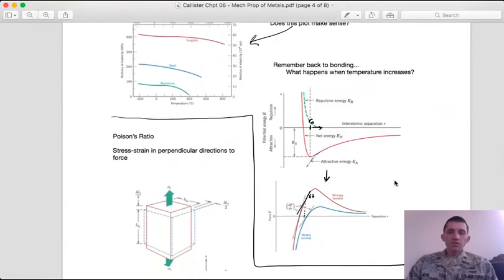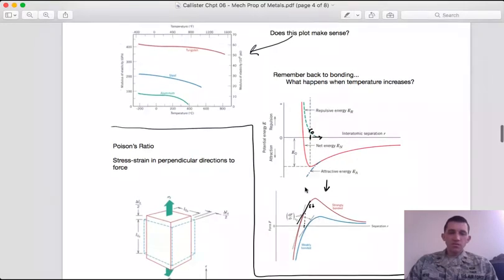But as far as Young's modulus is concerned, if we look at this picture of force here, pick any particular material. I have this force curve, say for the red material, and at the equilibrium spacing, I have a certain slope. Remember, the slope is the same as the Young's modulus. It's how much separation I get between atoms for a given amount of force.